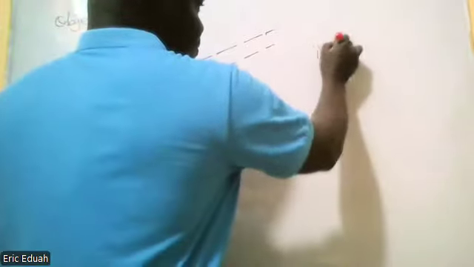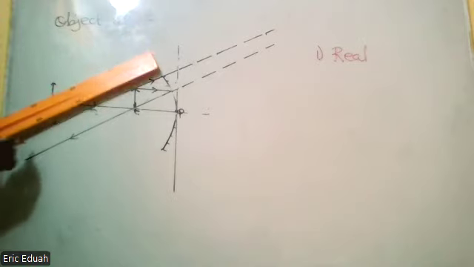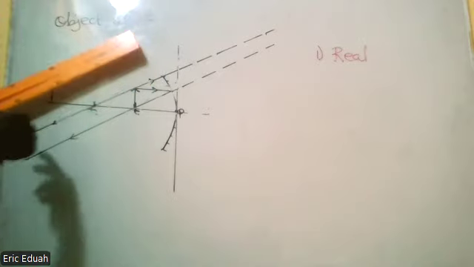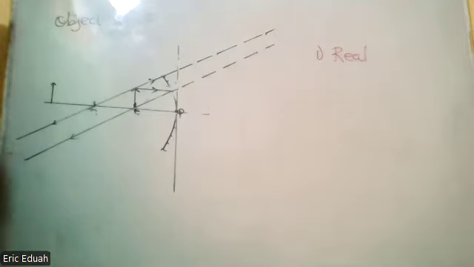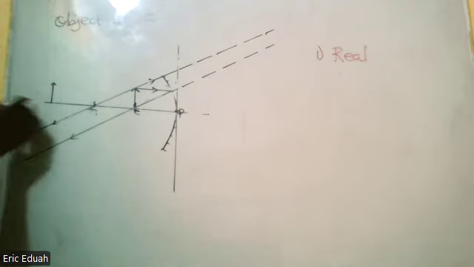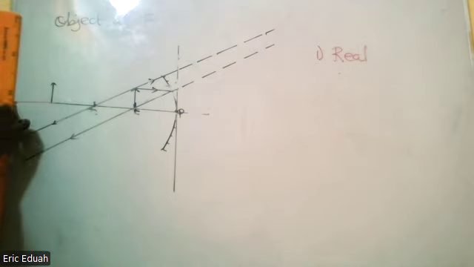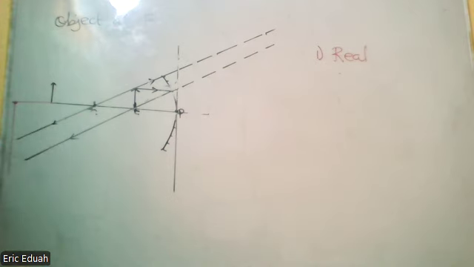formed is real. Why is it real? Real because look at it. If we extend these two rays to the other direction, the conclusion is they will meet at infinity. And when they do meet at infinity, when you draw the image, let's assume this point is infinity, when you join, you get the rays intersecting at infinity, and the image formed is inverted over there.